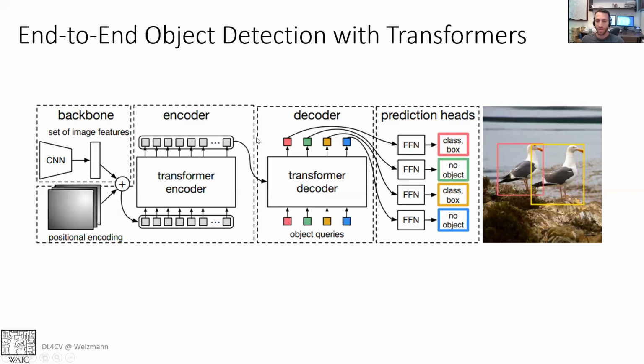The way they decide this is based on the maximum number of bounding boxes they want to predict for each image. And this is, of course, a limitation of this architecture, because if we have a large number of objects in an image, this architecture will be limited in its ability to generate that many bounding boxes.